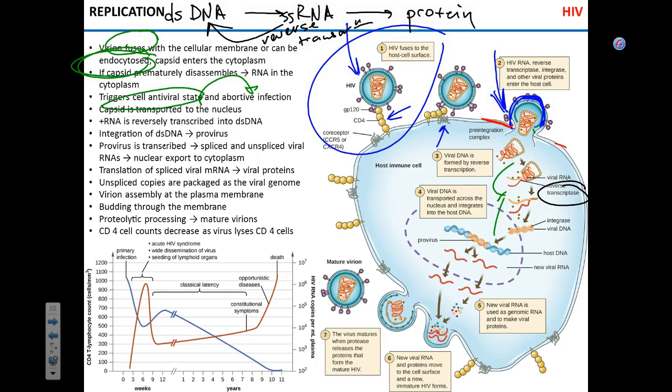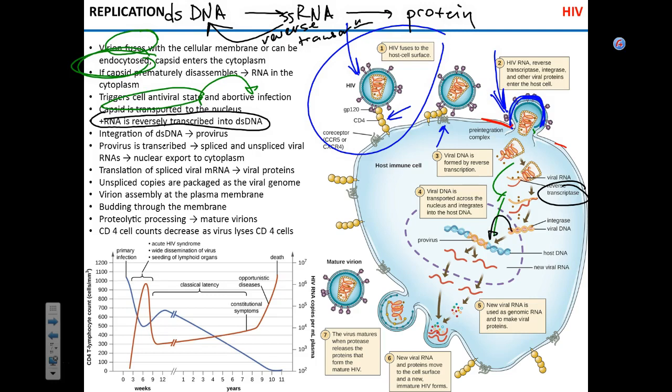This was discovered by, I believe, David Baltimore in 1976. Baltimore and Temin, I think. Yeah, they got Nobel Prize for it, no doubt. So RNA is transcribed into double-stranded DNA. And this double-stranded DNA immediately enters nucleus.